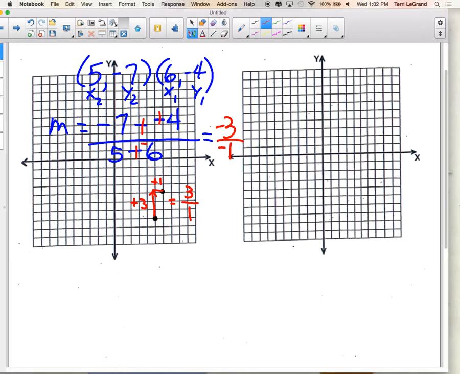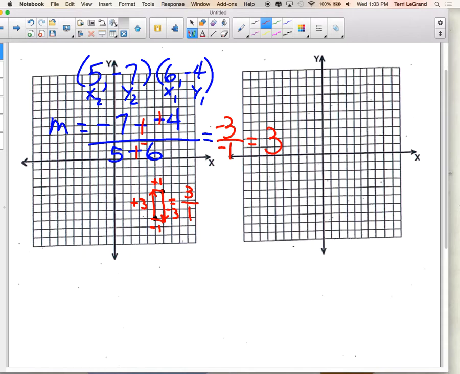Negative divided by a negative is a positive, and 3 divided by 1 is 3. So did we do something illegal or wrong? Does it matter which point plays the role of x sub 1, y sub 1, and which one plays the role of x sub 2, y sub 2? No, because on the graph, this would have been starting at this point and going down 3 instead, and left 1. We're still doing rise over run, aren't we?